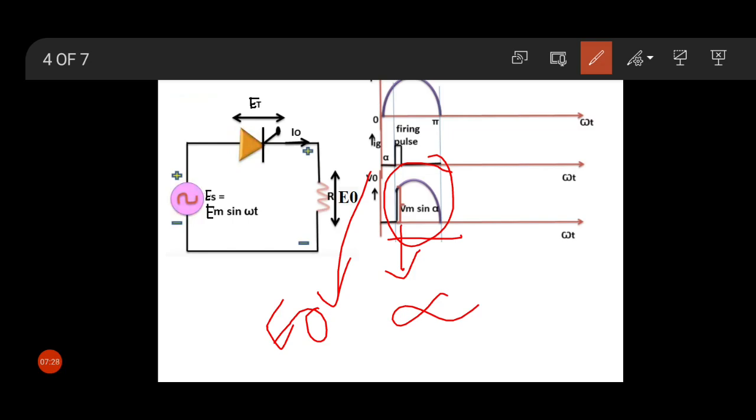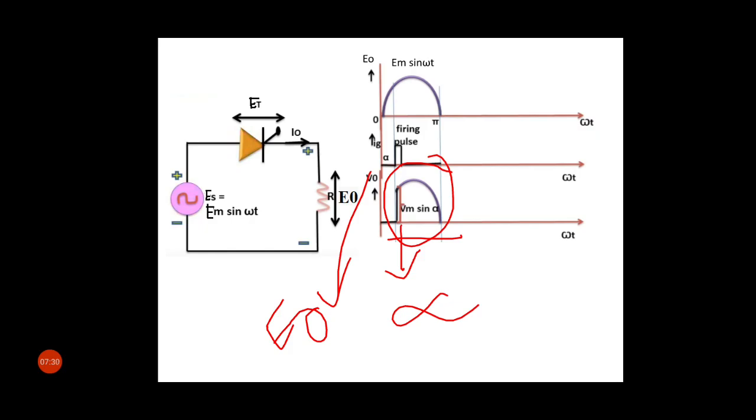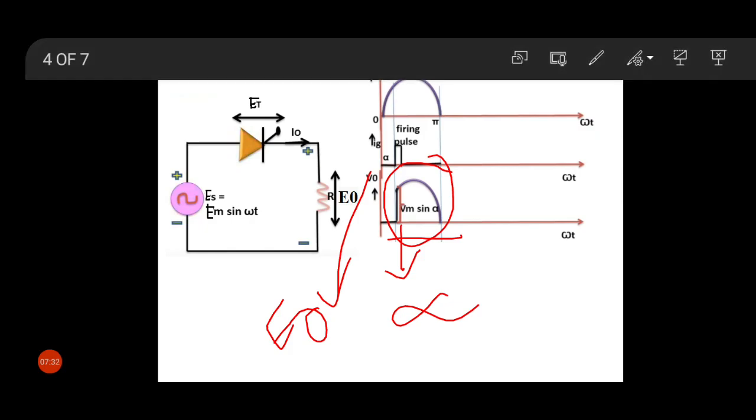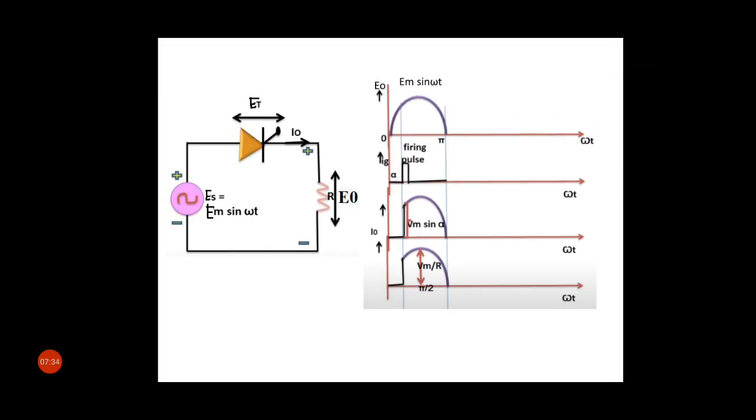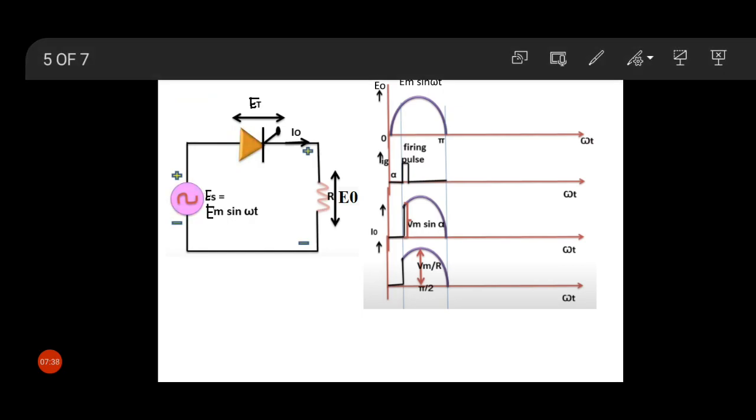Now see the output current. This is the output current characteristic, the output current diagram.